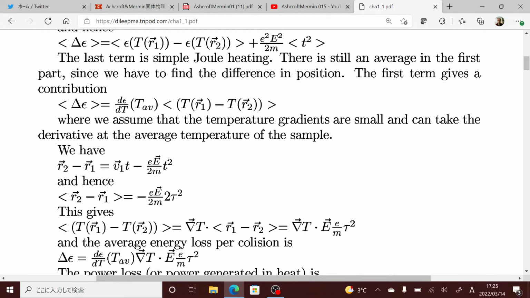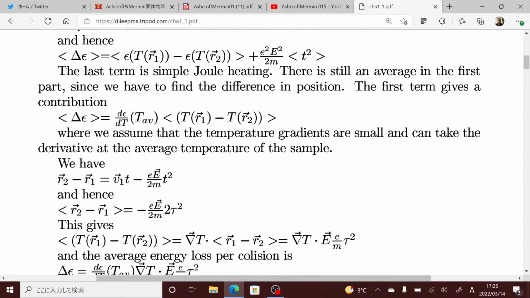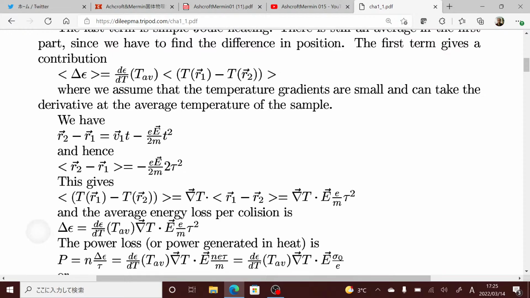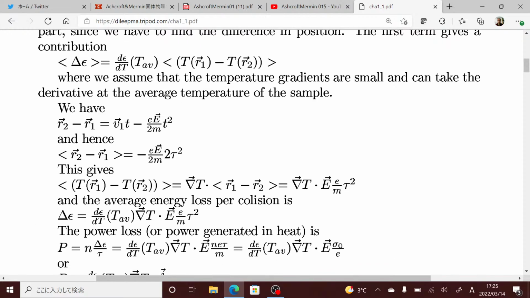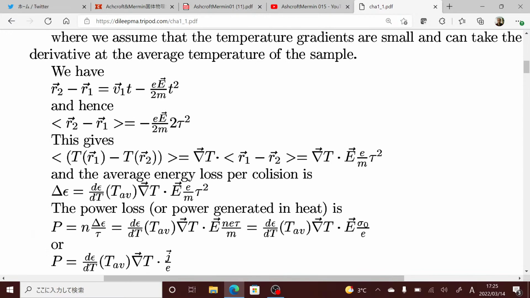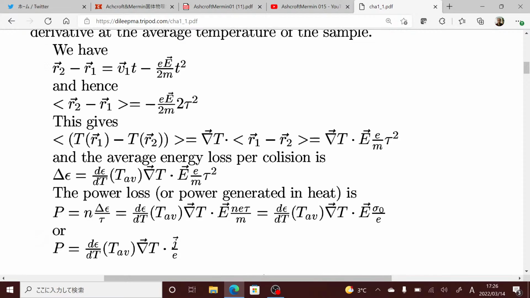We have R2 minus R1 is v1 tau minus... okay, and hence the average delta T, the average energy loss per collision.